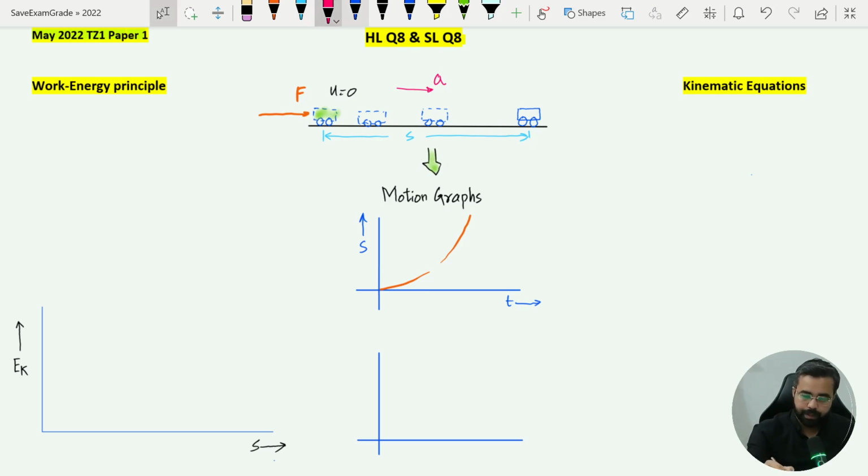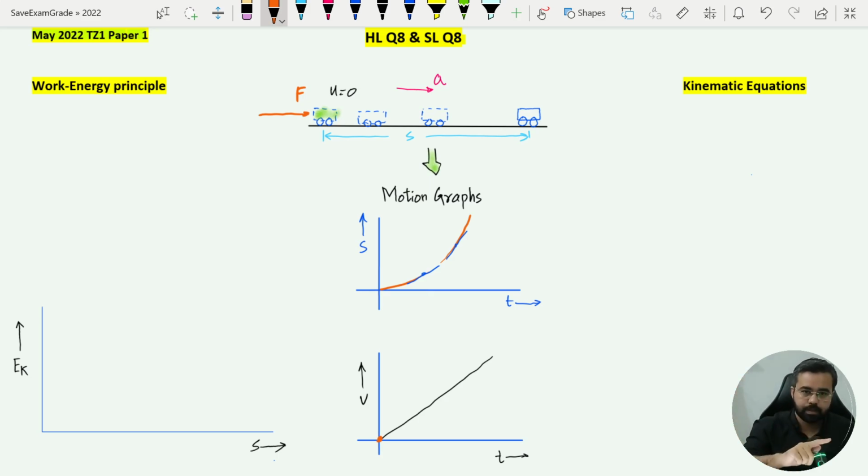Now we know that as the displacement is increasing exponentially, the tangents at all the points are also becoming more and more steep, which is telling us that the velocity time graph should be a straight line. And when velocity is increasing from zero to some value, it means the kinetic energy is also increasing.